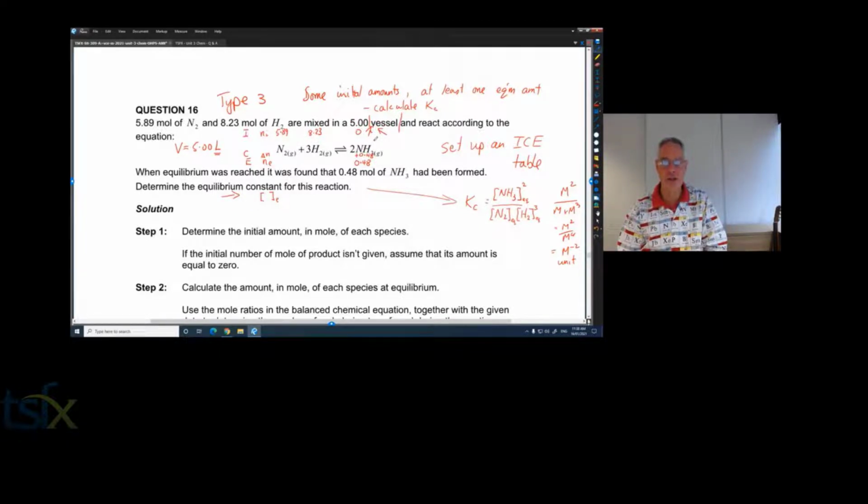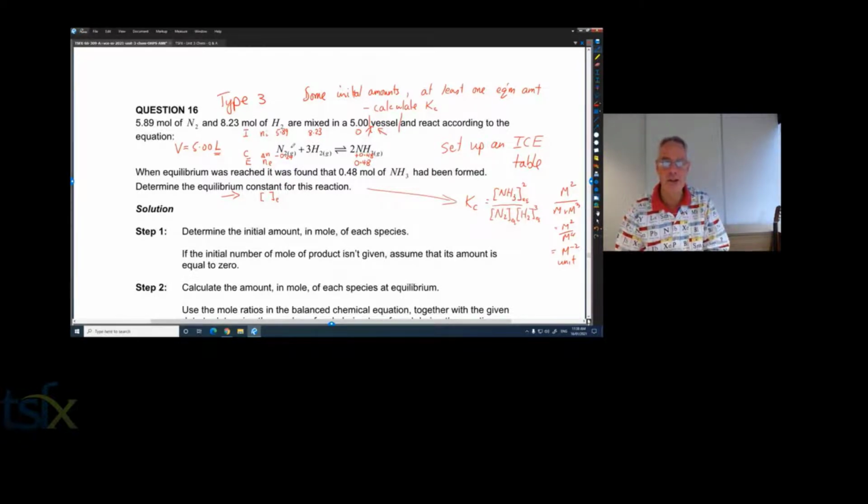Now do the stoichiometry. If the ammonia has gone up by 0.48, well, you can't make 2 mole of ammonia without using 1 mole of N2. So the nitrogen must have gone down by minus 0.24, half as much. The ammonia went up by 0.48.